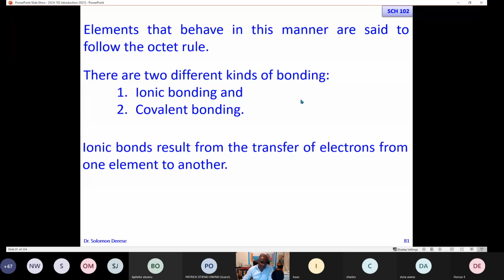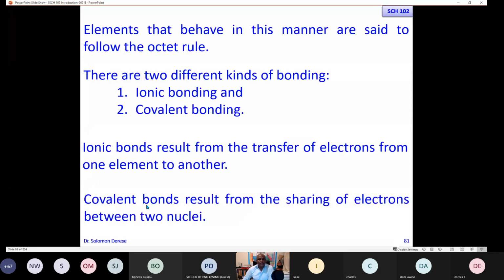So ionic bonds result from transfer of electrons from one element to another element, while covalent bonds result from the sharing of electrons between the 2 nuclei. So the chemical bonding that exists between atoms can be broadly classified as ionic bonding or covalent bonding.